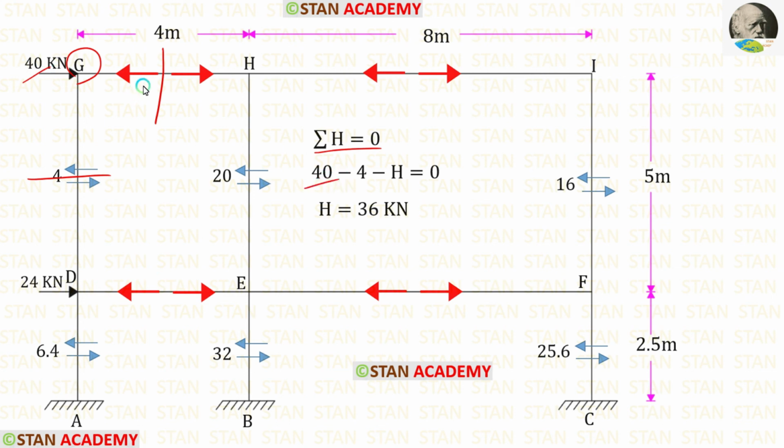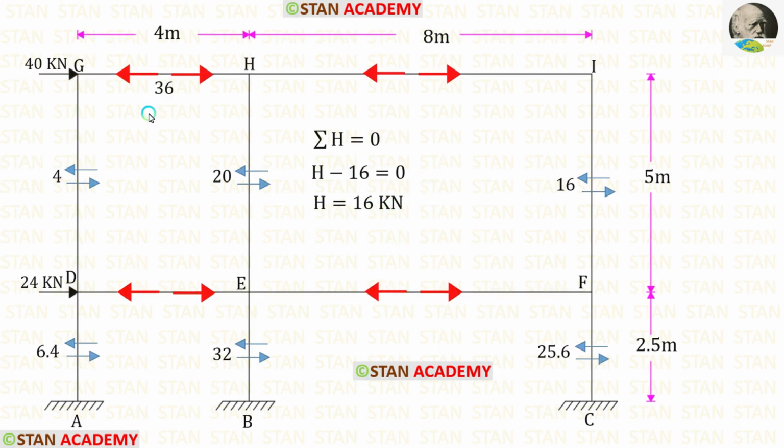Let us keep the unknown axial force as H. The axial force and this force are acting towards the left side, so both of them are negative. Finally, for H, we are getting 36.